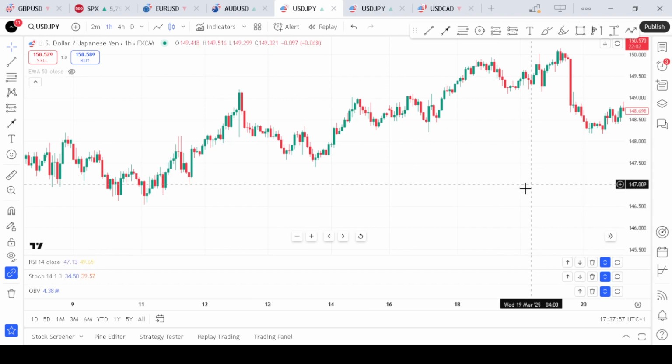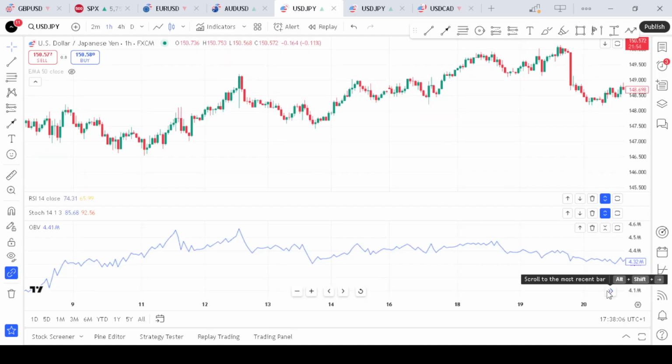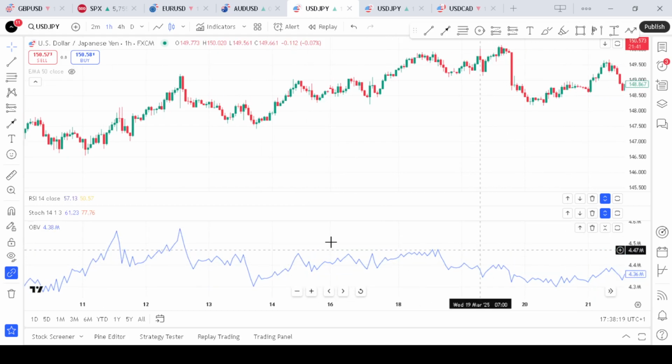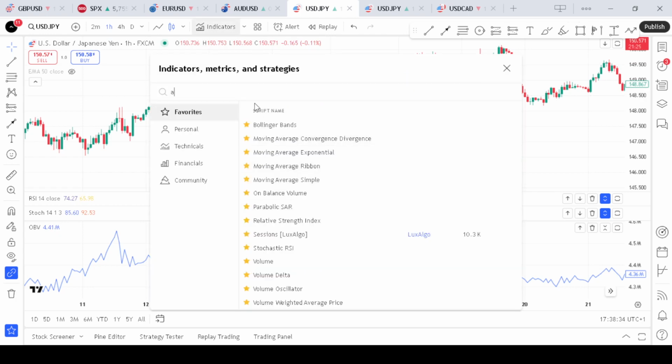Now, the next indicator we are going to be talking about is the On-Balance Volume indicator, an example of volume-based indicators. This indicator tracks the cumulative buying and selling pressure by analyzing the volume change relative to price movement. Not only that, we can make use of another volume-based indicator known as our accumulation and distribution line.